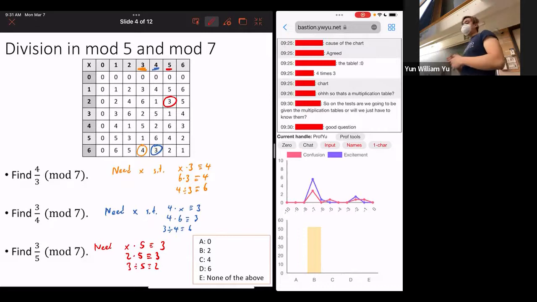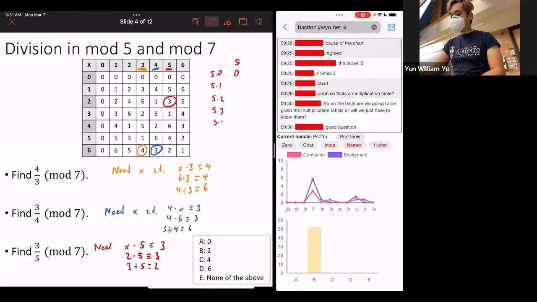And one thing to note is that you don't need the entire multiplication table, right? You only need the column that corresponds to a particular value. And so even if you weren't given the multiplication tables in advance, you could say, oh, I'm going to be in the 5 column. 5 times 0, 5 times 1, 5 times 2, 5 times 3, 5 times 4, 5 times 5, 5 times 6, right? That's 0, 5.